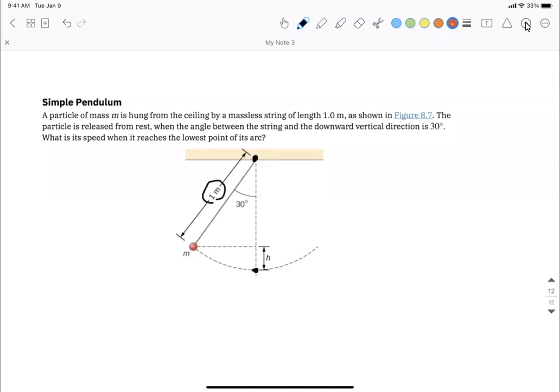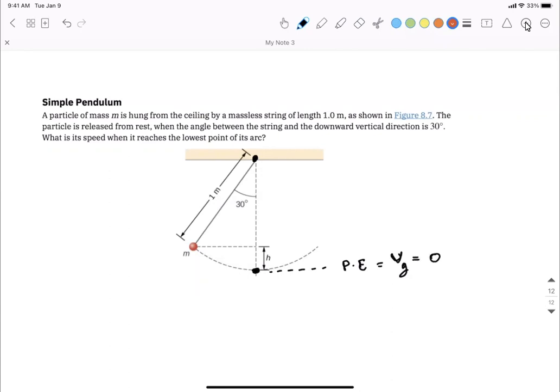And this height right here, if you need it, should be 1 minus h, if someone is wondering what's going on. Okay, now using what we already know, when it reaches the bottom level, this is the gravitational potential energy U equal to 0 level.